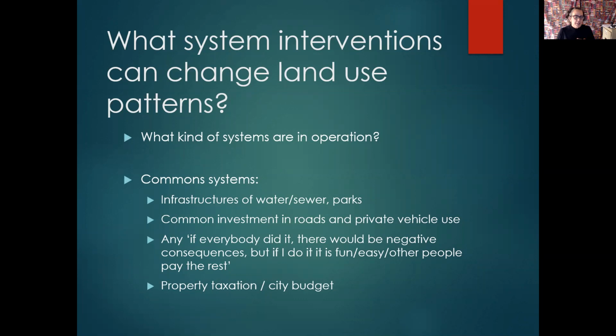So there's a lot of common systems in play. Property taxation and the city budget is a common wealth. We all pay in, although we might avoid paying in, but we all pay in, and through the local political system, decide what we're going to invest in.